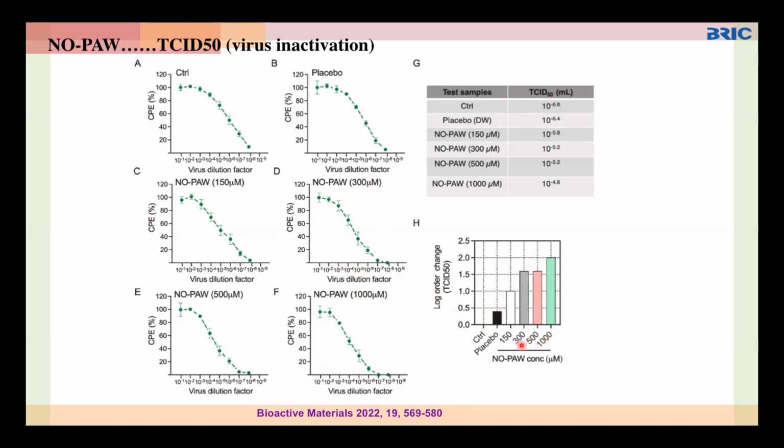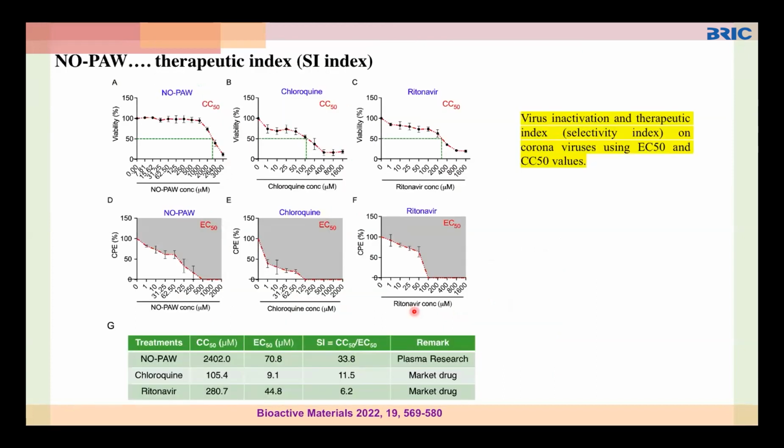Even 300 micromole and 500 micromole showed very significant activity. So it is very good news for us that we can use this nitric oxide plasma activated water even for the treatment of patients or animals against virus infections.